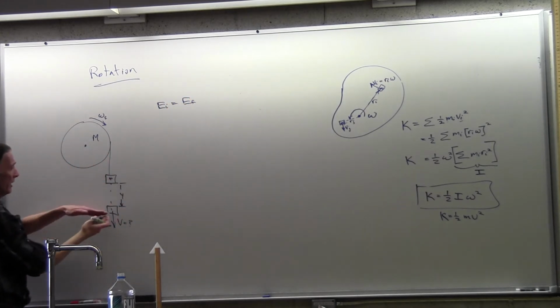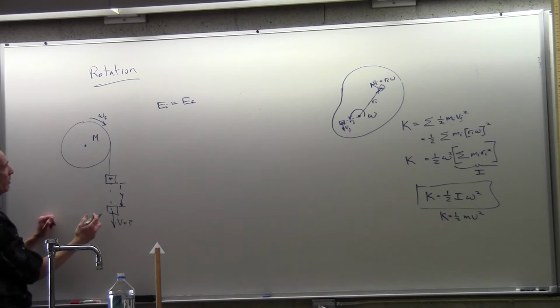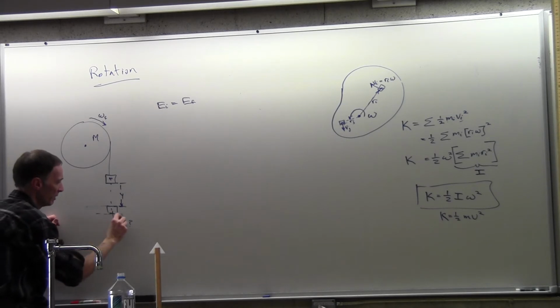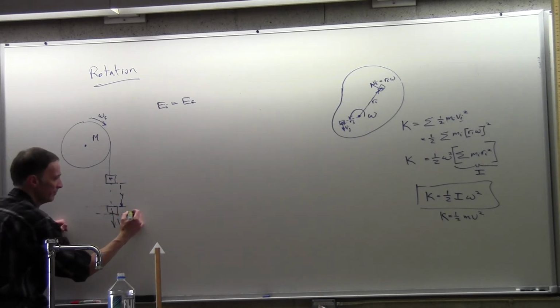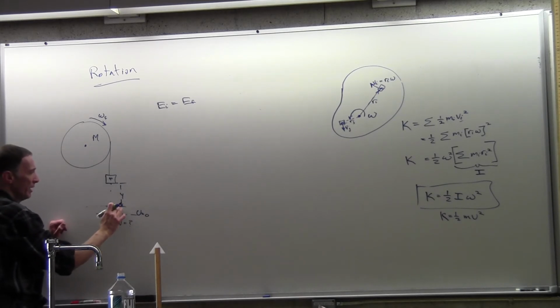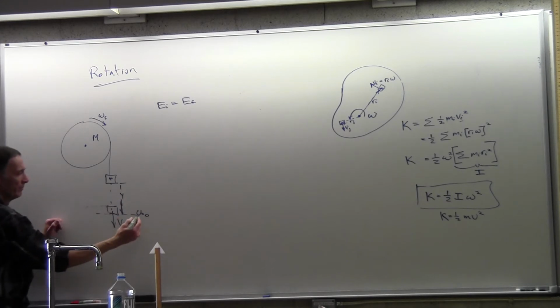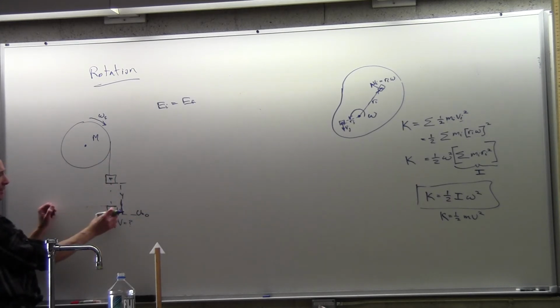The initial energy, well, let's see, what do we want to do? How about if we make this here, bottom of the block, zero potential energy. It's going to fall this whole distance y, and so it's going to end up at 0 potential.